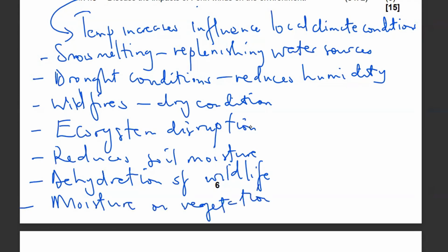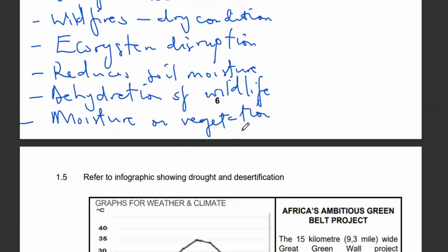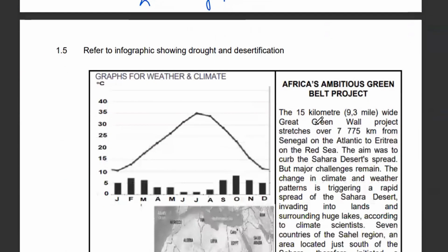Yeah, those are some of the effects on the environment that we can talk about. It can cause moisture stress on vegetation because of excessively high temperatures, and also dehydration is a typical effect on wildlife, and also soil moisture is reduced, which is also going to affect the growth and productivity of vegetation, and apparently it's going to affect biodiversity for those reasons.